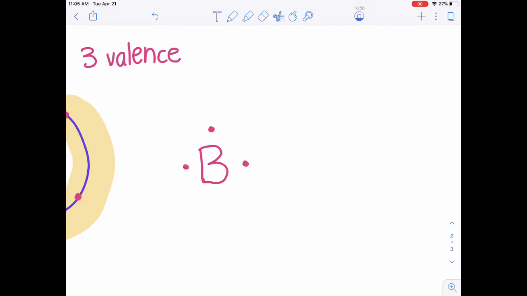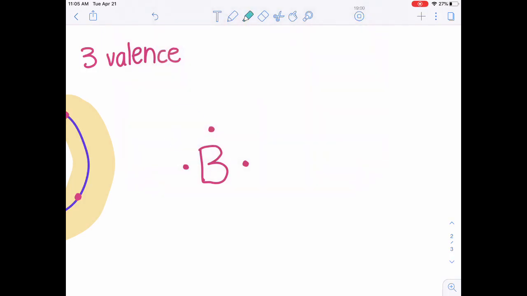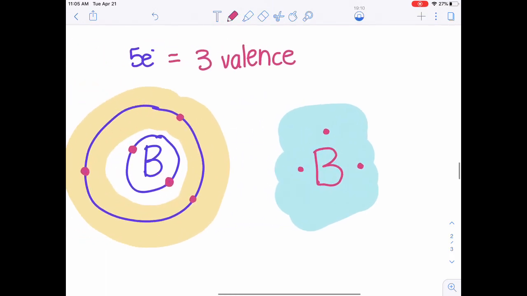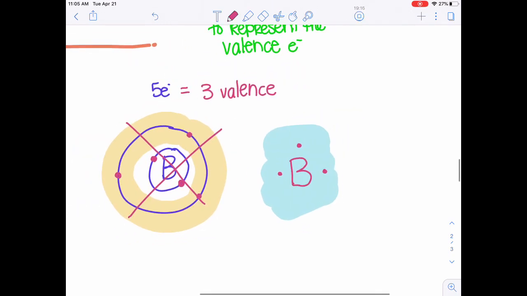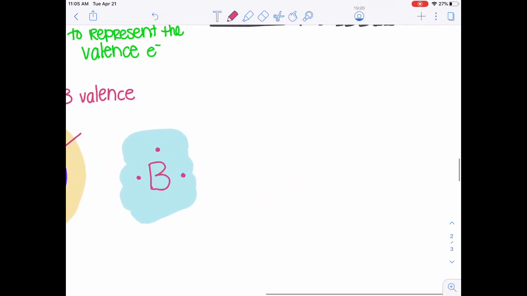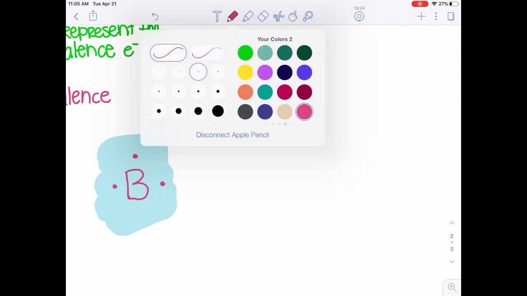And this is the magical piece that is the most important thing ever, the dot diagram. So boron with 3 dots. Again, we don't need this one at all. It's not very useful today. All we're doing is figuring out, or we use it to figure out how many valence electrons there are.